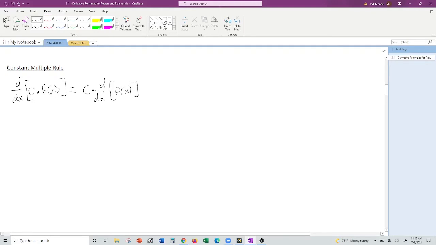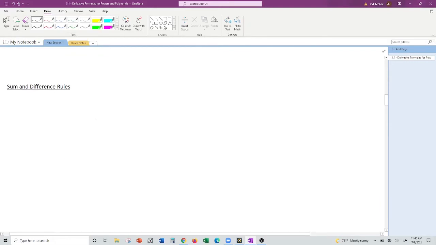And right, this is in Leibniz notation, and if we wanted to write it in function notation, it would just be c times f prime. Okay? So these are all equivalent statements. Basically, this is saying derivatives don't care about constants. They can come in and out. Okay? Because they have nothing to do with the value that we are taking the derivative over, which is x, right? Our constant has nothing to do with x.